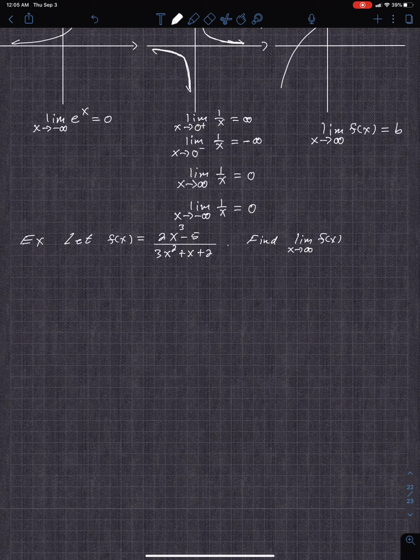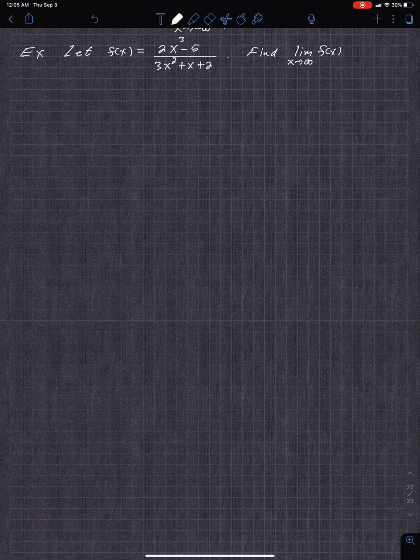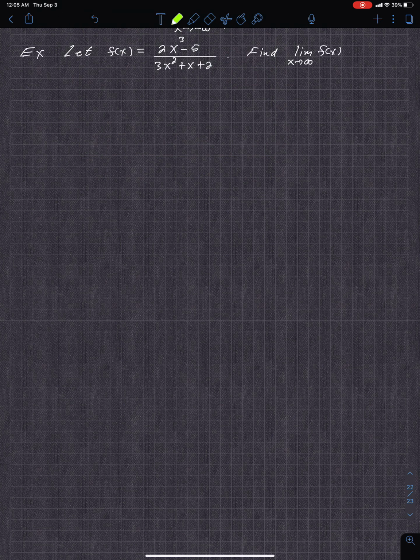This is something you may have seen or talked about, but I want to show you the technique of what to do for a rational function. When you have a rational function like that, there's a certain algebraic thing that we try to do. So this is the technique. Write this down.